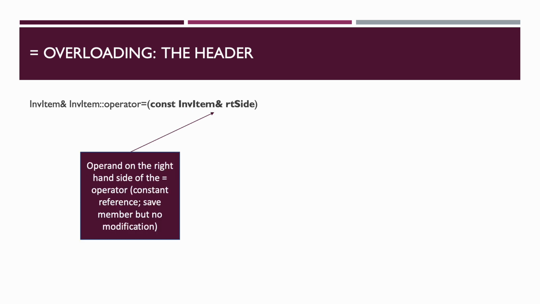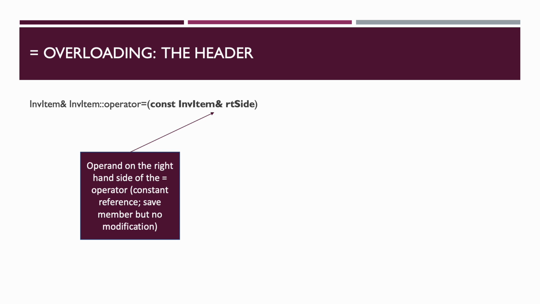Then here, if you focus on the right hand side, you will have the operand on the right hand side of the equal operator, a constant reference, save member but no modification. So if we break down the whole thing, first of all we have const INV_item&, and the right hand side operand is passed as a constant reference.